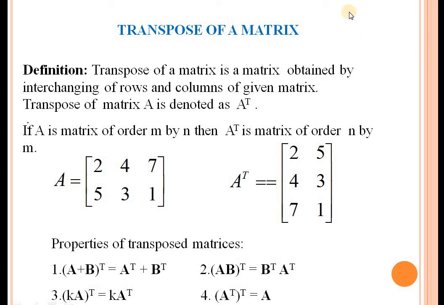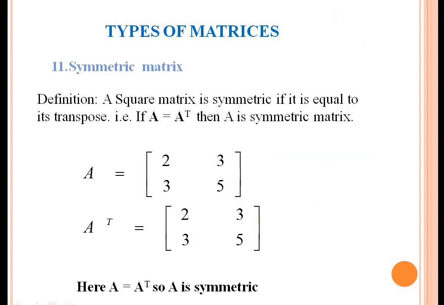Now there are two types of matrices based on the transpose of a matrix. First is symmetric matrix. A square matrix is symmetric if it is equal to its transpose. That is, if A is equal to A transpose, the matrix and its transpose are equal, then the matrix is symmetric. Let us see an example. A is a matrix.